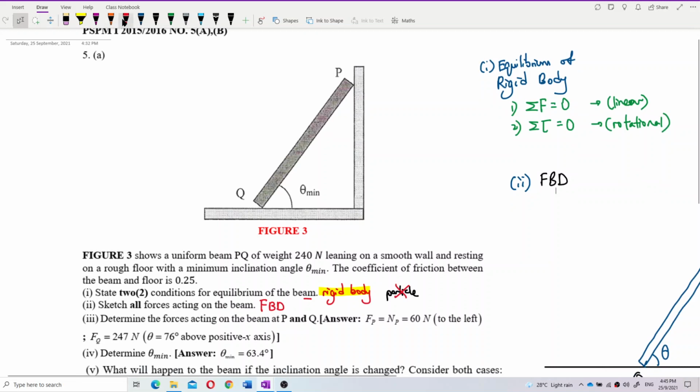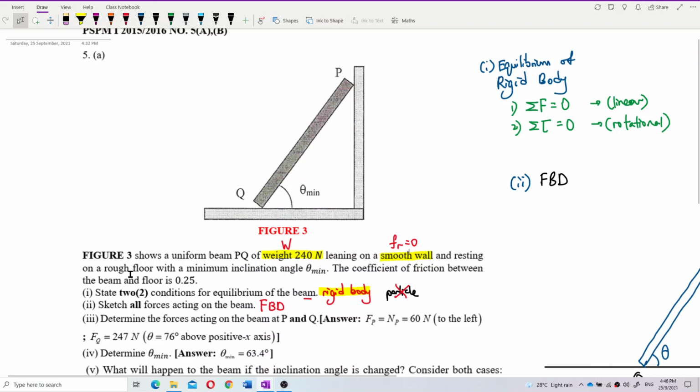First of all, this beam has a weight, W. And then, smooth wall means the wall has no friction. The friction is 0. For the wall, it just has normal force, no friction.